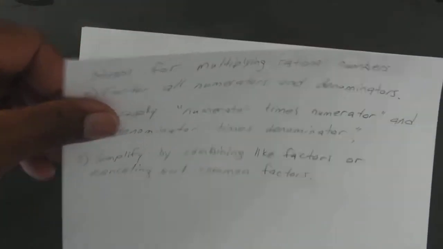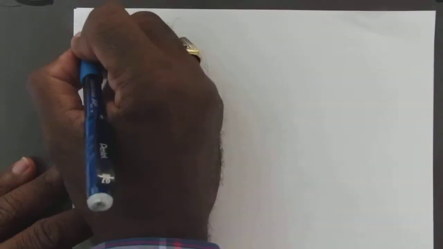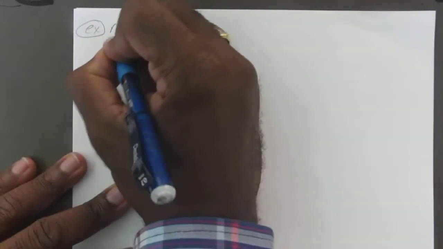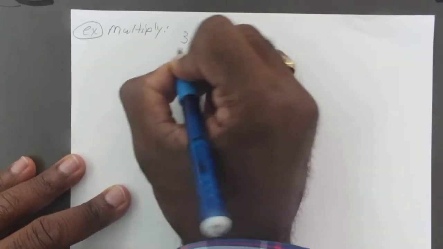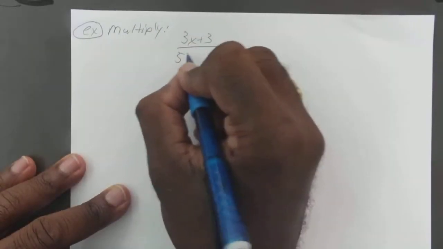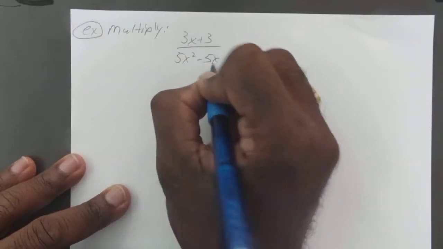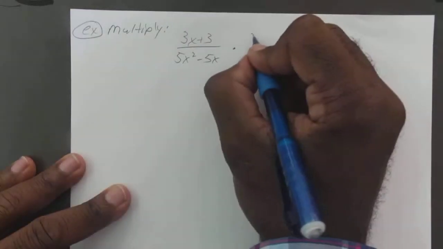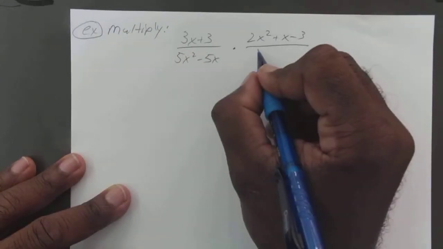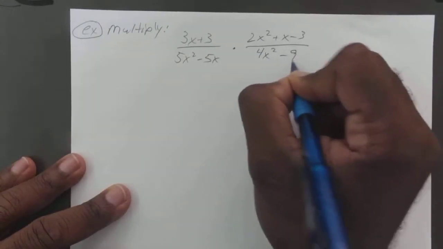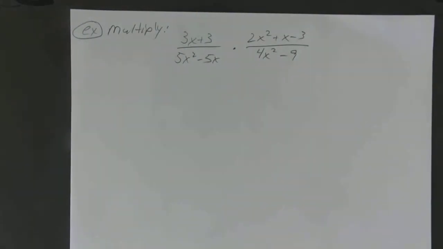Okay, so let's say, for example, if we wanted to multiply 3x plus 3 divided by 5x squared minus 5x times 2x squared plus x minus 3 over 4x squared minus 9.